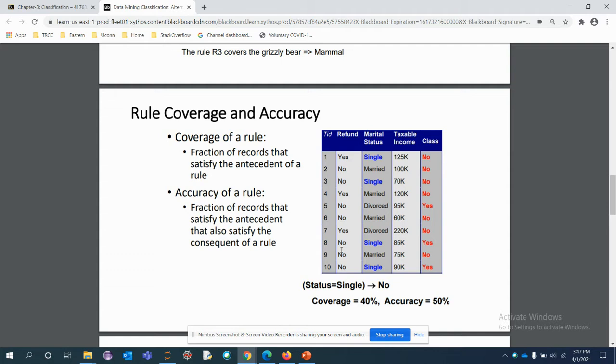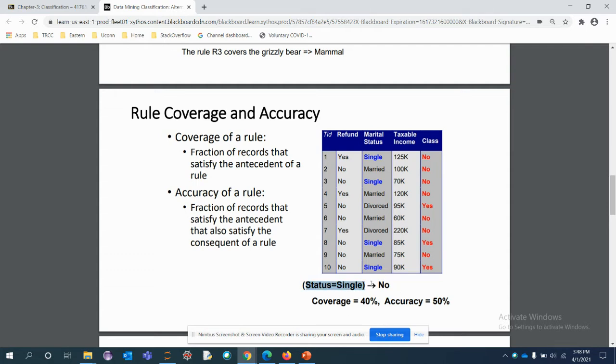So for a given data set that you see here in this table, if we take the data set as D, capital D, and a classification rule R, where your condition is status equal to single and it tends to no. So if we take status equals single as capital A, and y, that is no, as your label, then the coverage of the rule is the fraction of instances in the whole data set that can trigger the given rule.